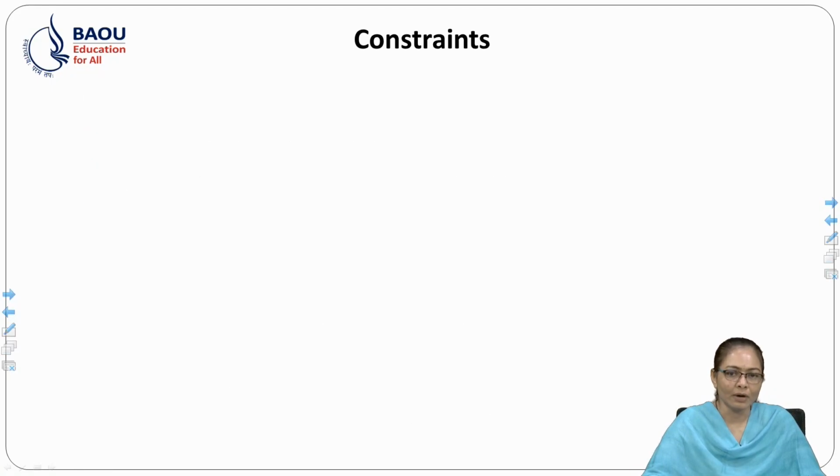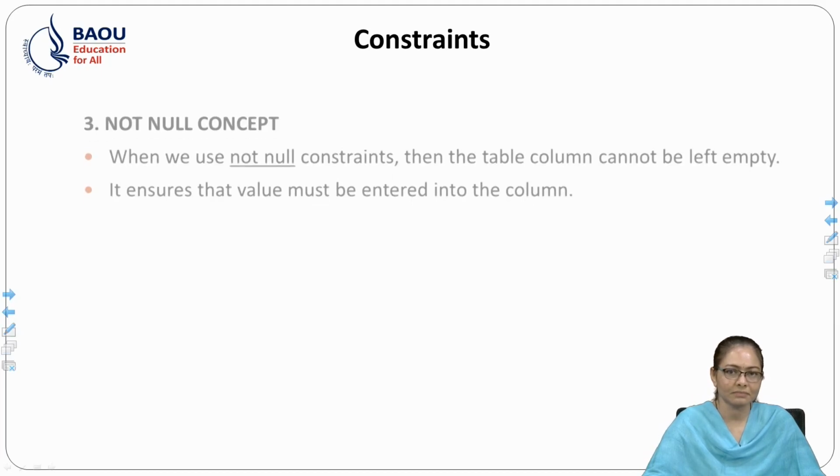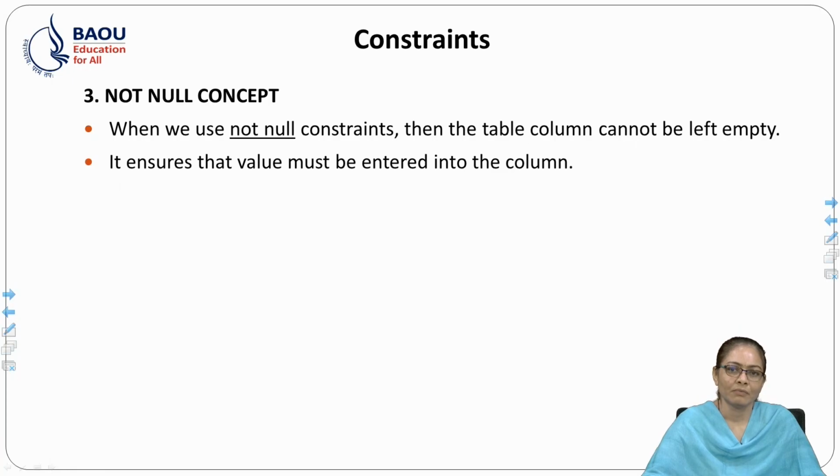Now, the not null constraint. When we use the not null constraint, the table column cannot be left empty. It ensures that a value must be entered into the column. When some field is compulsory in the application form, those fields are declared as not null in the table.